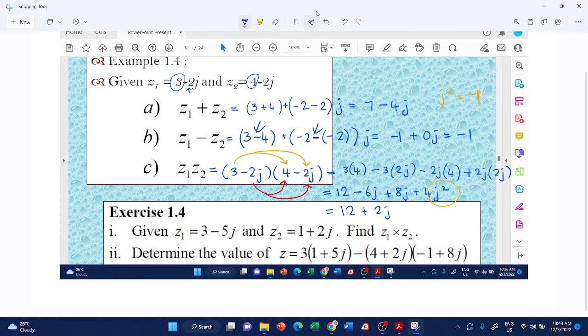So, sini jadi minus 4. Betul eh? 4J squared ni jadi negative 4. Okay, Vishnu dah nampak tak macam mana madam ada negative 4 here? Vishnu, you nampak tak? Vishnu? Is betul?